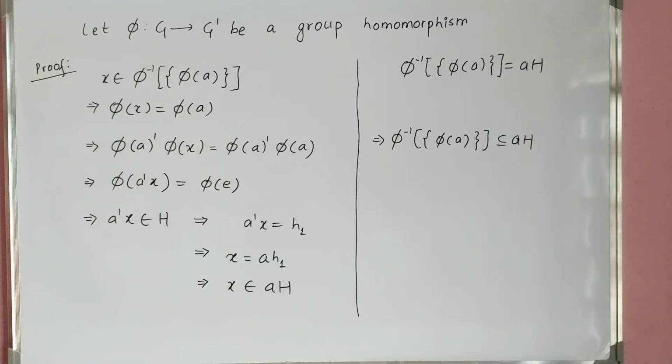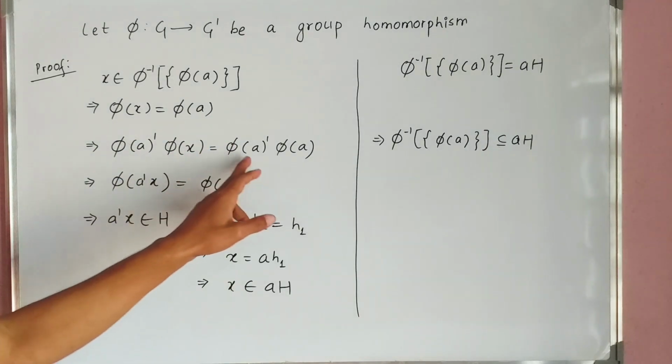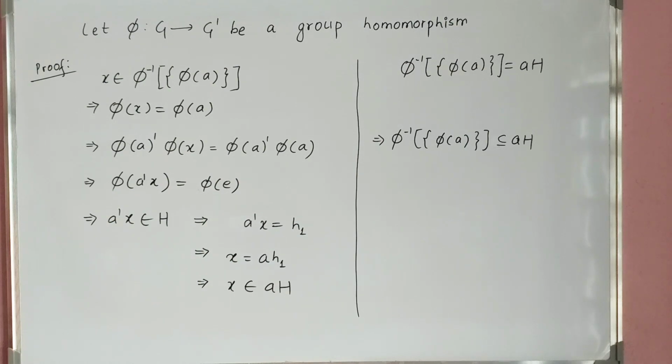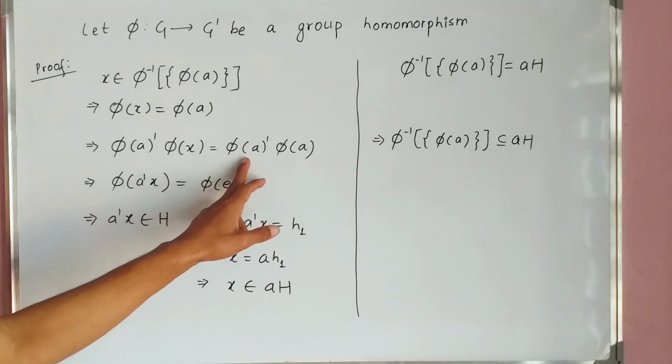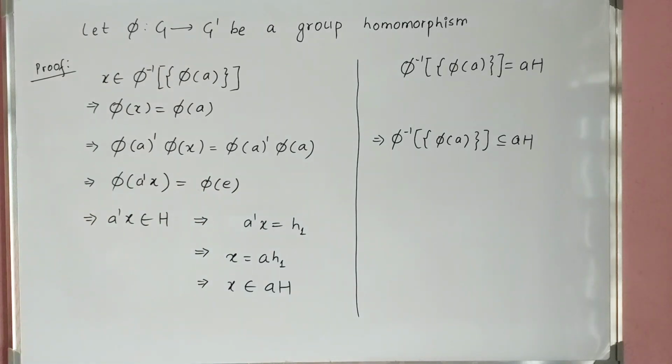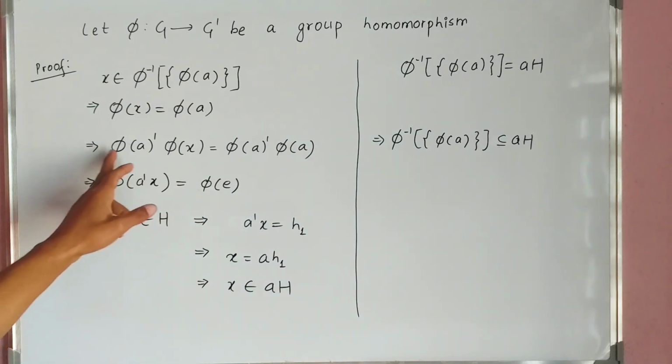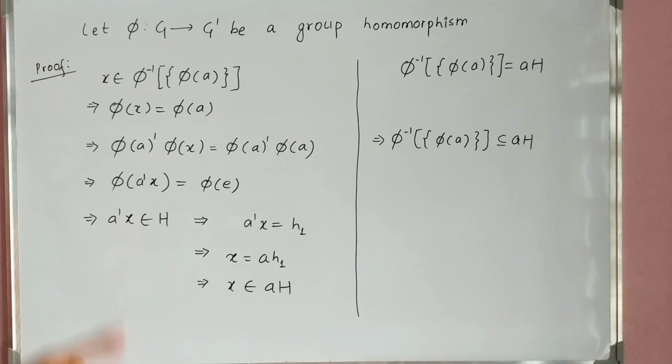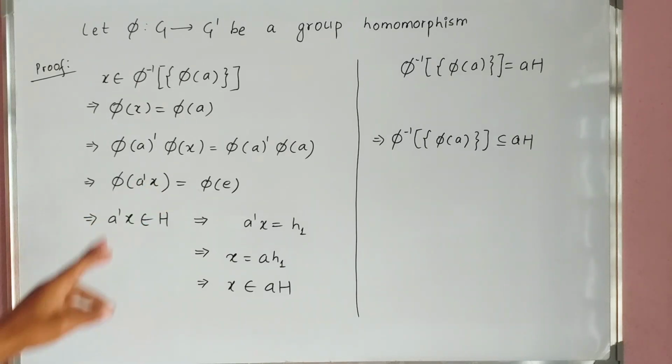Now operate on both sides by the inverse of φ(a). We know that the inverse of φ(a) times φ(a) is the identity element φ(e), and from the property of group homomorphism, the inverse of φ(a) times φ(x) is φ(a⁻¹x). So this gives us φ(a⁻¹x) equals φ(e).